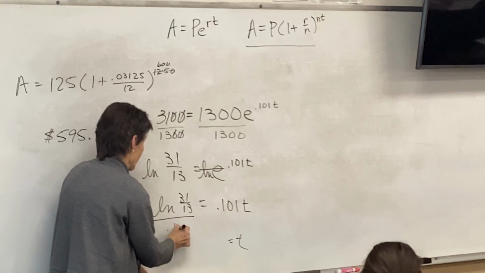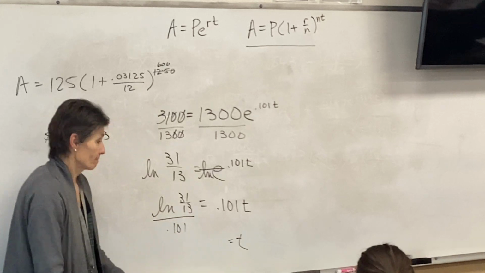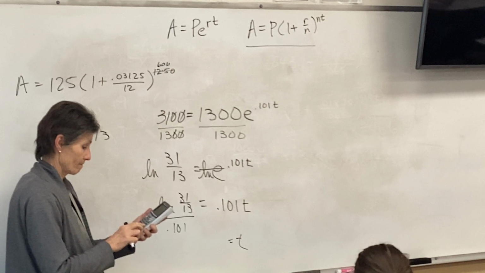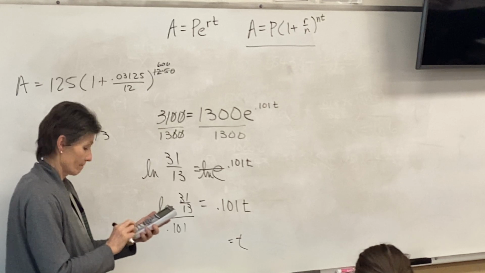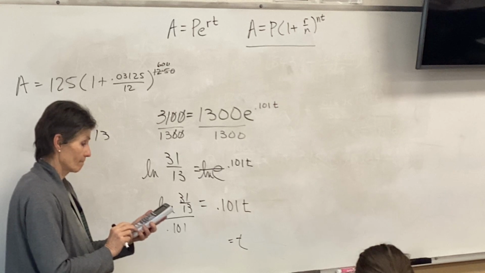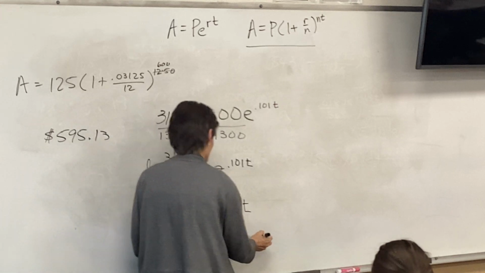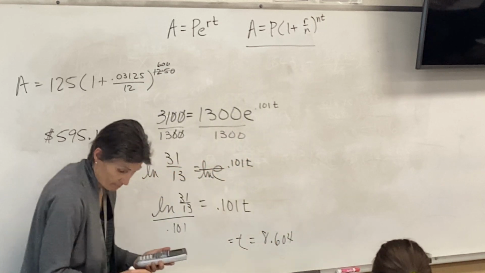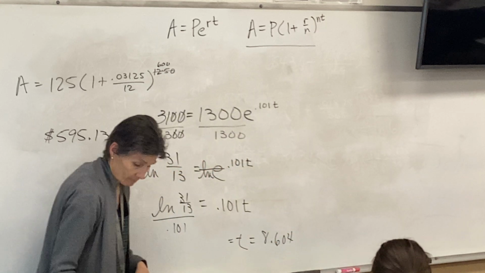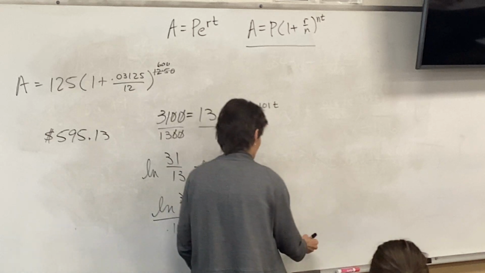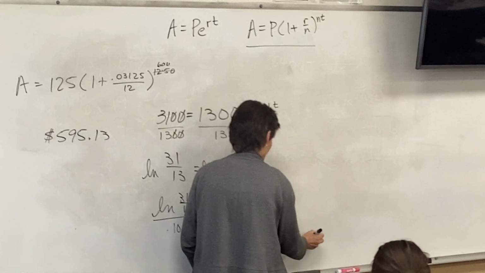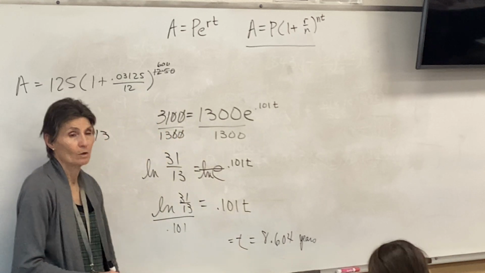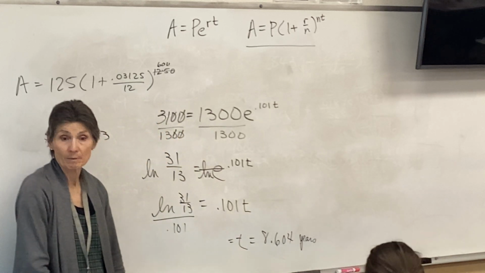Divide. I got 8.604. Let me just say years. Could be days, could be hours, I have no idea. It's a time.